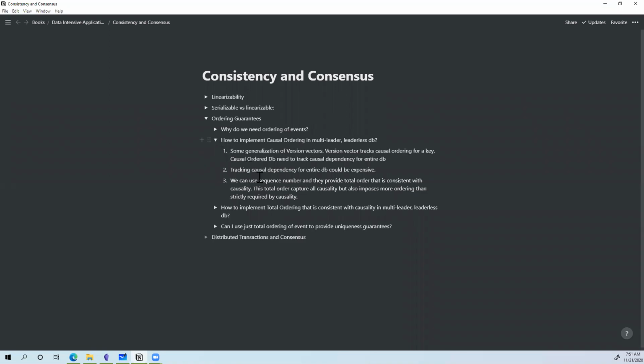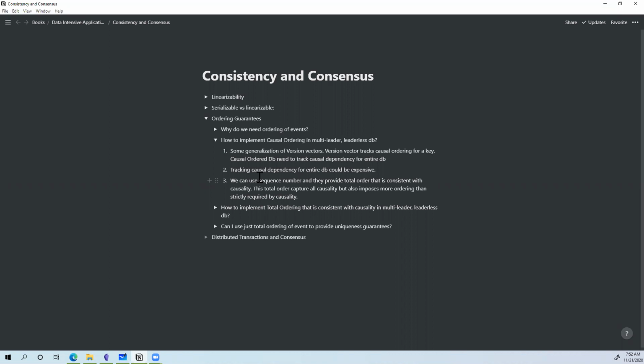So to implement this causal ordering, we need some generalization of version vectors. If you all remember, a few sessions back we discussed version vectors. Version vectors are used to track the causal ordering for a particular key.